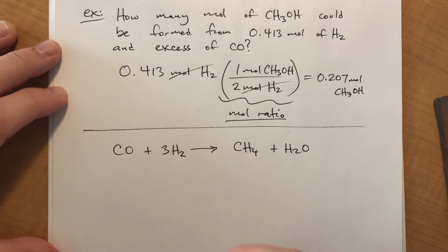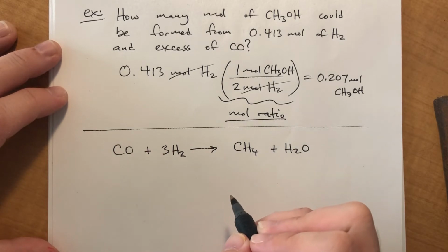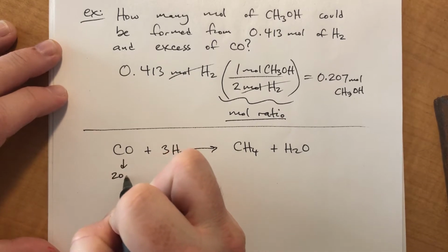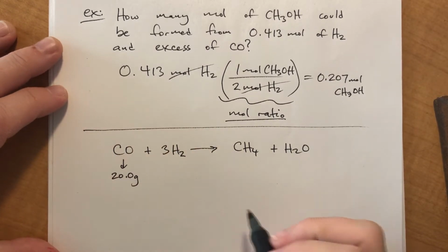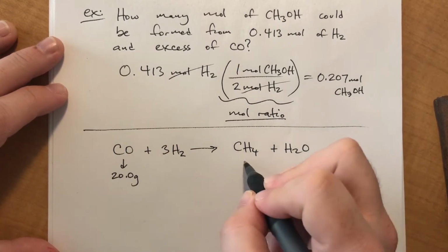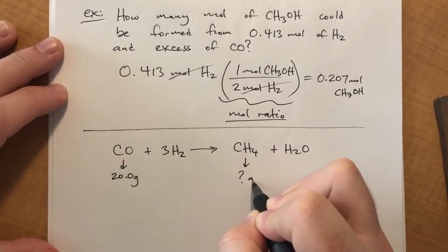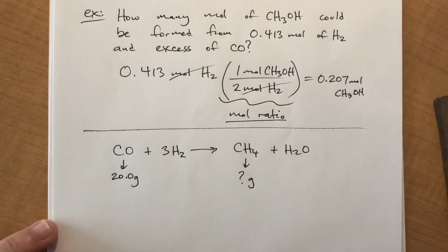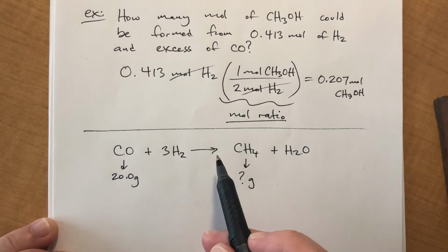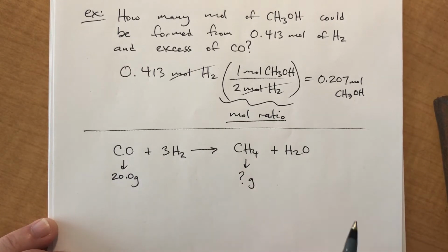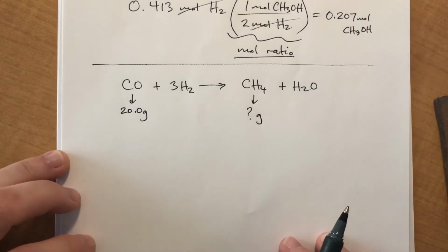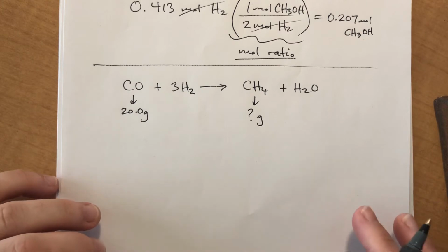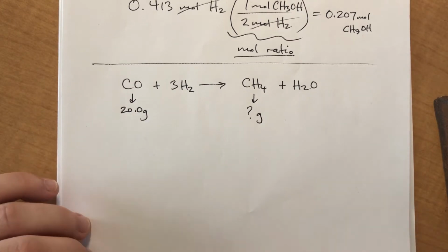And let's say we started out with, I don't know, 20.0 grams of this, and we want to know how many grams of this can we make. Well, the problem is these are only related by moles, they are not related by grams. So let's try this. These always are the same 3 steps in the same order.